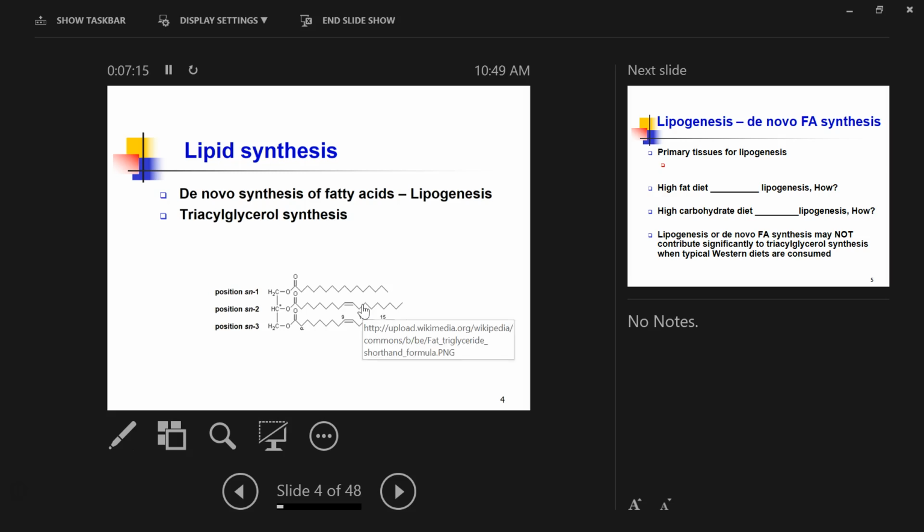So again, triglyceride synthesis requires two substrates: glycerol backbone and 3 fatty acids. So the process is a synthesis of triglyceride from a glycerol backbone and 3 molecules of fatty acids, right? So it's actually a different process, lipogenesis versus triglyceride synthesis. To make clear, these are two different processes.